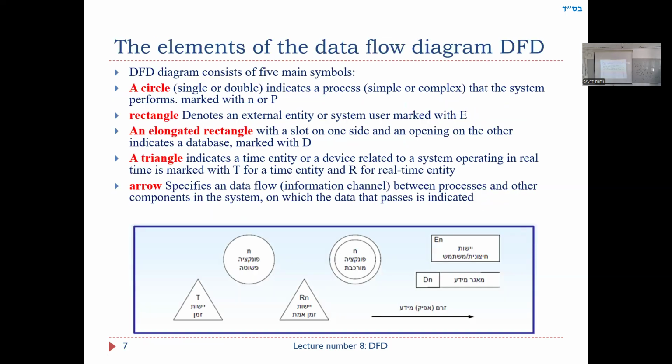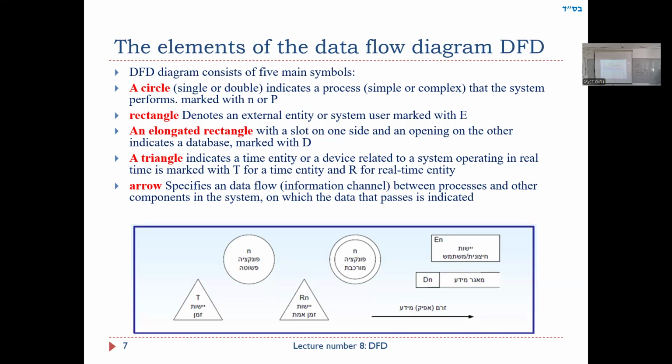Okay, so first of all, what are the parts of the diagram? We already saw it in a quick view. Here we'll see a detailed view. So there are 5 main parts. The circle is a process. We call it a function, a process that the system performs, marked with an N or a P, usually a number.